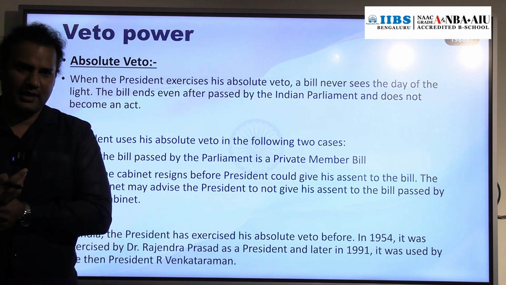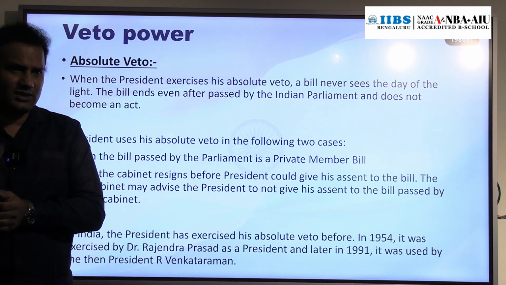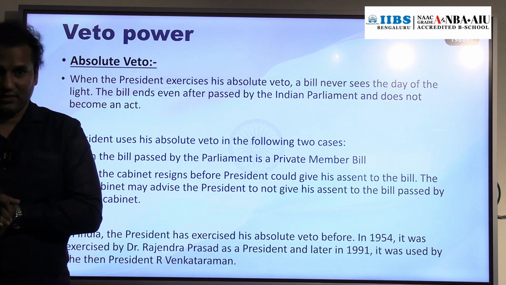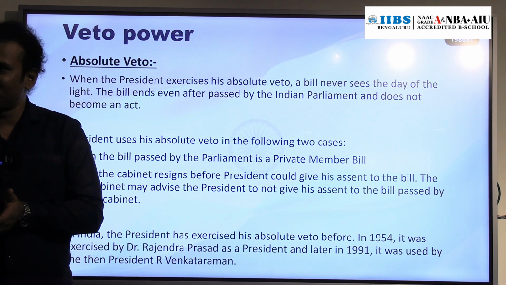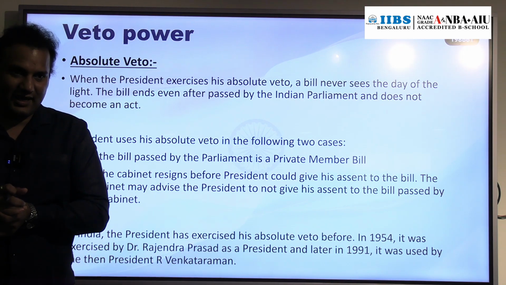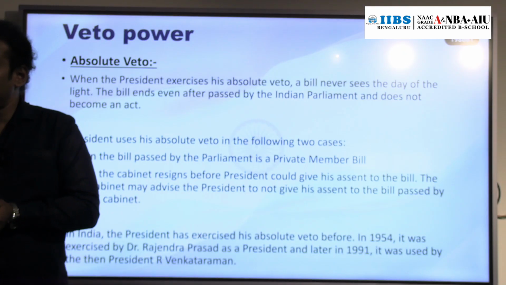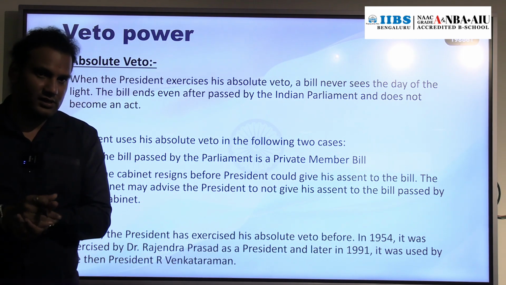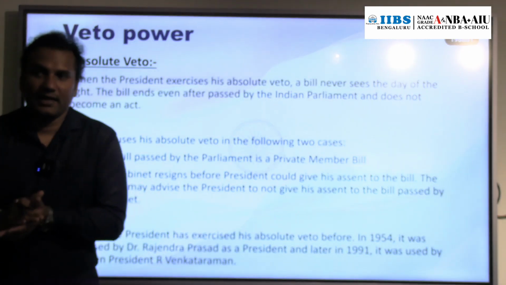You know private member, right? Any member of Parliament other than the council of ministers is called a private member. If that private member introduced the bill and it is passed in both houses of Parliament, that is a private member bill. The president has the power to use the absolute veto on that bill. Understood? That is the first case. Now, what is the second case?